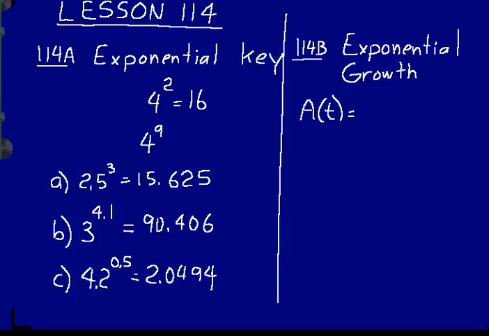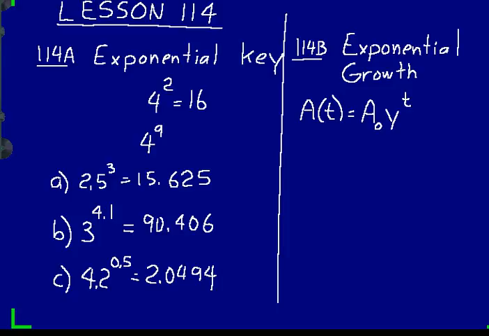And that's equal to an initial amount, and we call that A subscript 0 because 0 stands for at time equals 0, at the beginning. So that's what the A sub 0 means. And then we'll use a variable y to the power of t, or the exponent t.